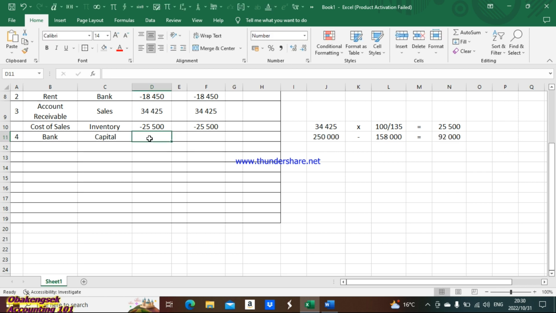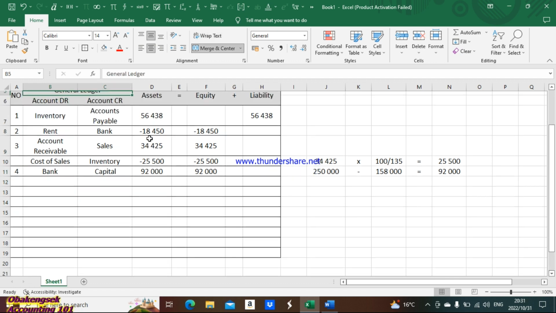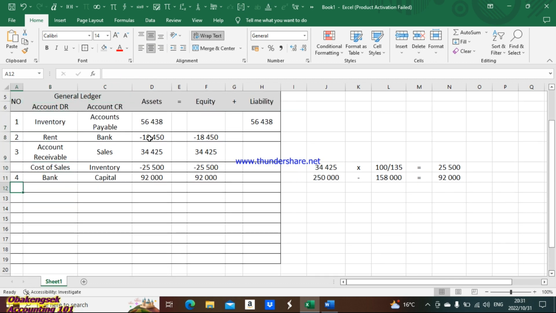That gives you 92,000. So the bank will increase by 92,000, and his capital will increase by 92,000. As you can see, guys, when it's a positive, it does not add a plus. So the ones with no negative signs are where the money increases.